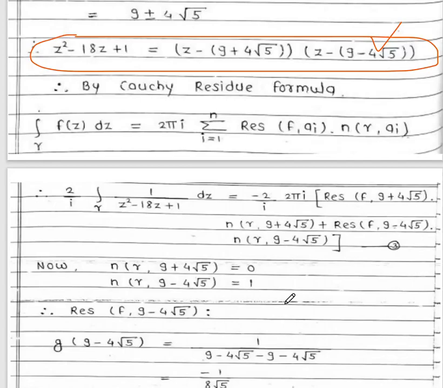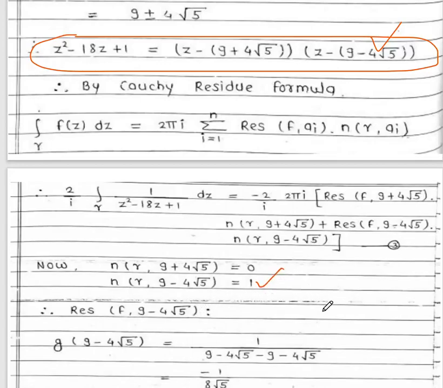Second, the index at the point 9 minus 4 under root 5: this point lies inside the circle, so the value is 1.